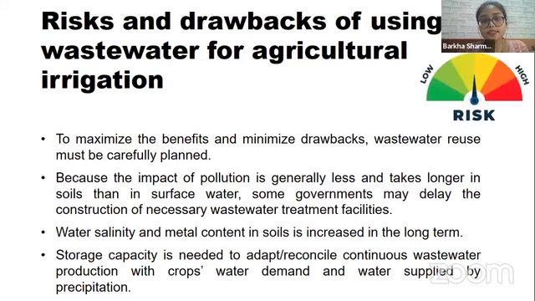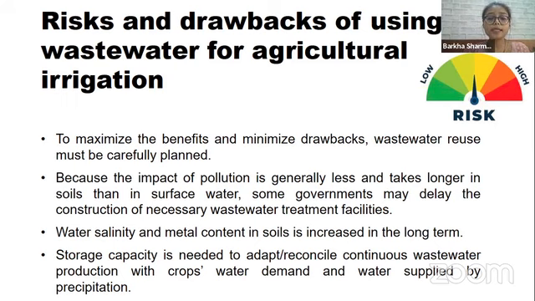With all these benefits and advantages also come several risk factors and drawbacks. First, to maximize the benefit and minimize the drawbacks, wastewater usage must be carefully planned, because the impact of pollution is generally less and it takes longer time in soil than in fresh water to show its effect.